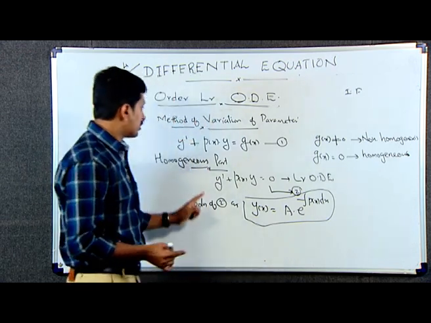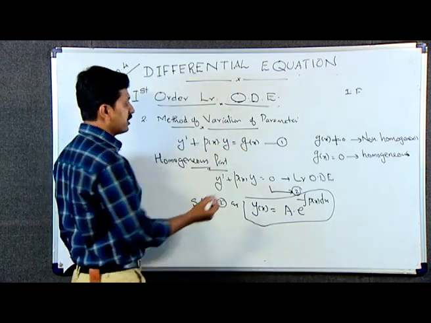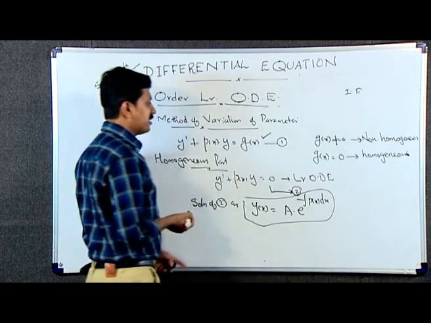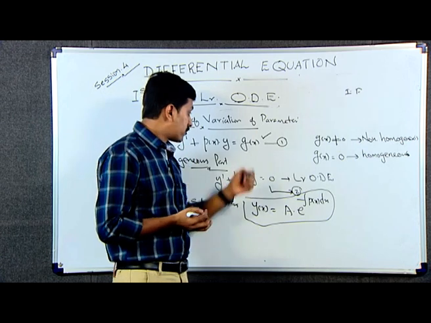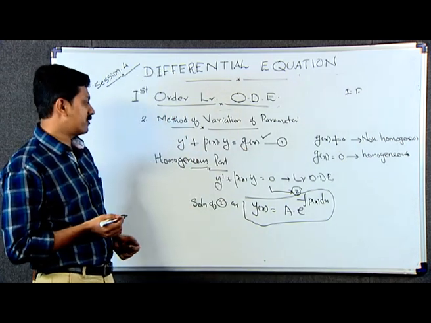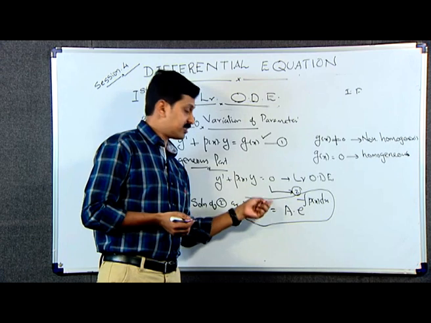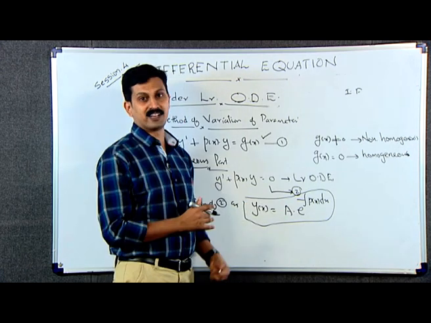Similarly, our aim is to find the solution for the non-homogeneous linear differential equation. To find the solution for that non-homogeneous differential equation, we are replacing this constant a with a function of x.